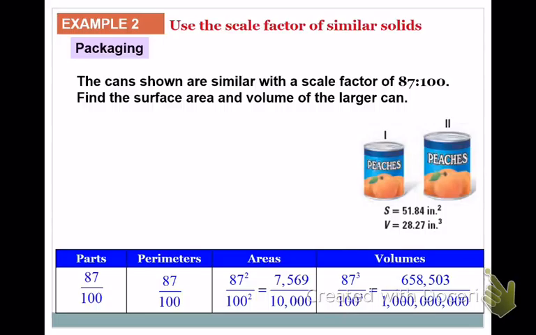Let's make sure everybody can do it. 87 cubed. If in doubt, you can just take 87 times 87 times 87. If you don't know where the button is, you can just multiply 87 times itself 3 times, doing that manually rather than using the X to the Y button.